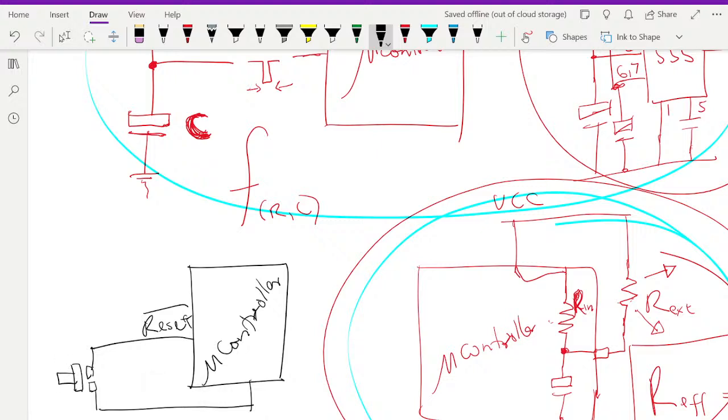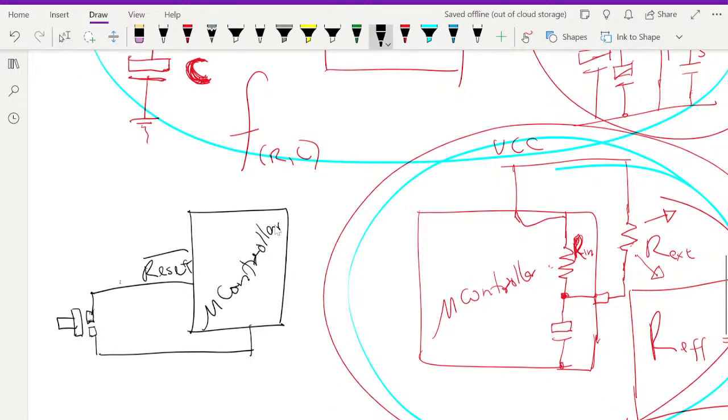Once you push this button, it goes low. The problem with this is that it can suffer from jitters. It might feel like you have pressed it several times. So if you really want to go this way, you might want to consider connecting a debounce switch system here, which also looks like a monostable.